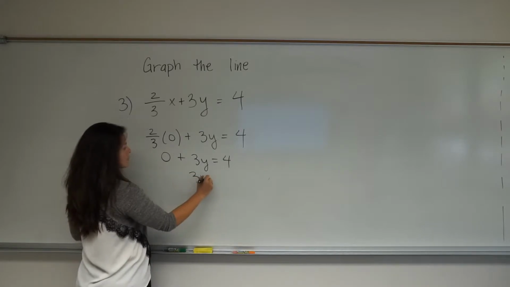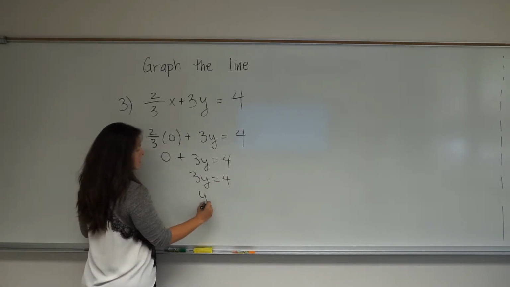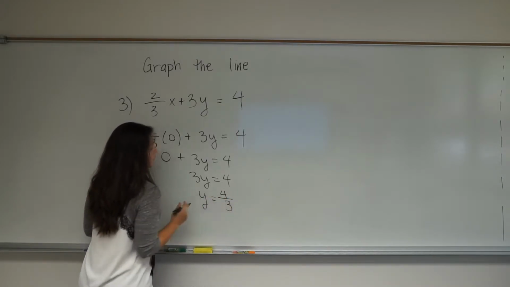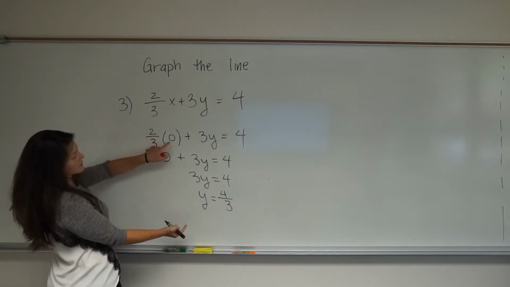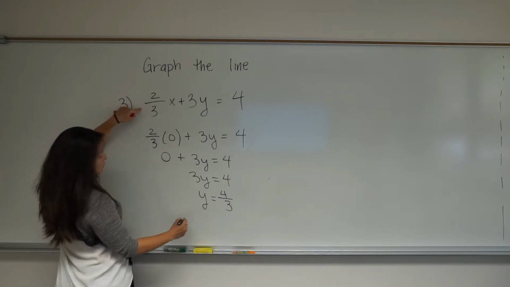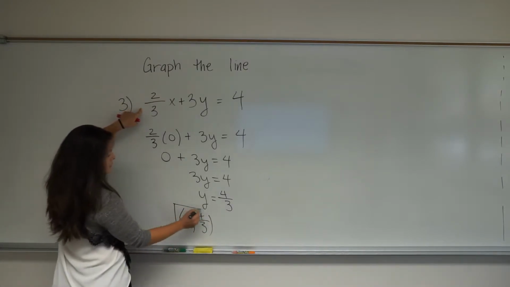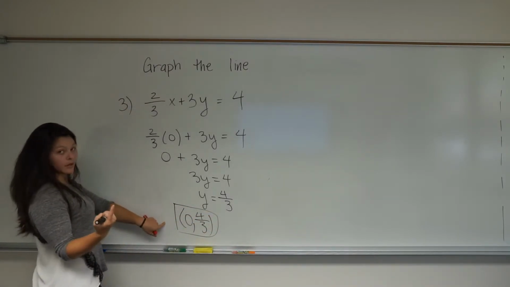So this is just 3y equals 4. Divide both sides by 3, we get y equals 4/3. So this is saying when x is 0, y is 4/3. So that means this line must go through the point (0, 4/3). Okay, so there's one point on our line.